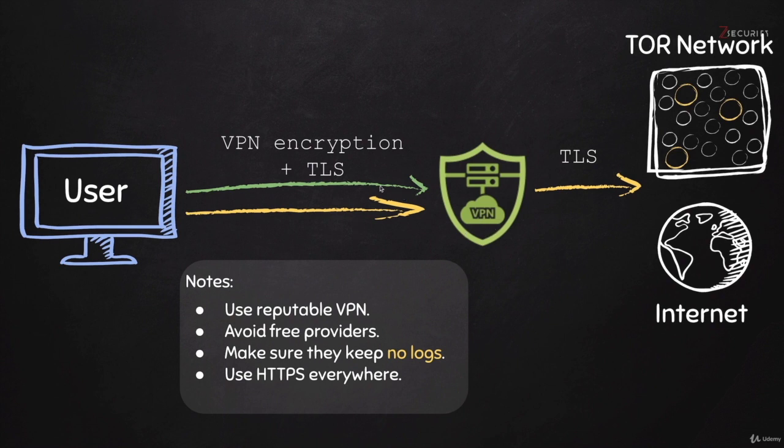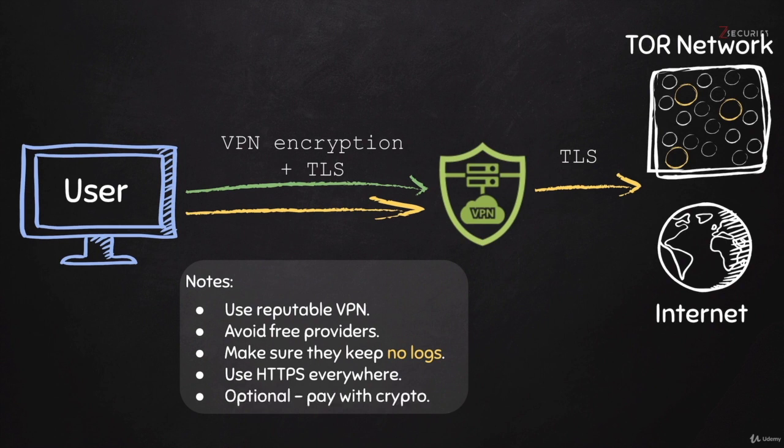First, the encryption used by the VPN and the encryption enforced by HTTPS everywhere, which is TLS. And then when traffic leaves the VPN provider, you will have TLS encryption up to whatever destination you're going to. Therefore, even the VPN provider in this case will not be able to see your data because it will be encrypted with TLS, which is a very, very secure encryption.